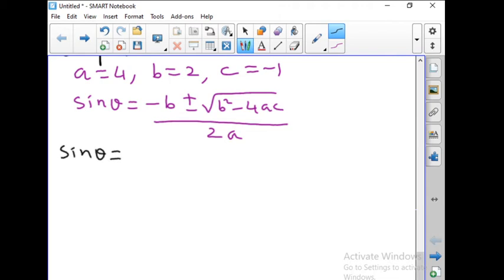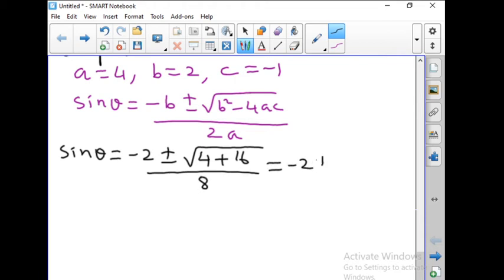It is equal to minus 2 plus or minus root of 2 square is 4 minus 4 4s are 16, 16 into minus 1, so it becomes plus 16, by 2 into 4 is 8. So this is equal to minus 2 plus or minus root of 20. 20 is what? 4 into 5 by 8.